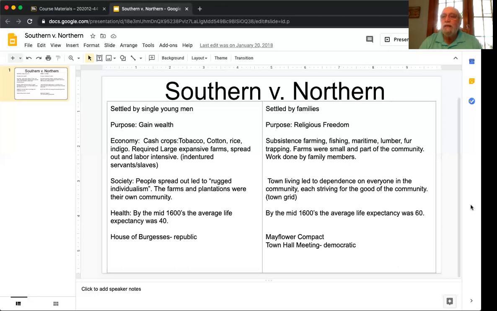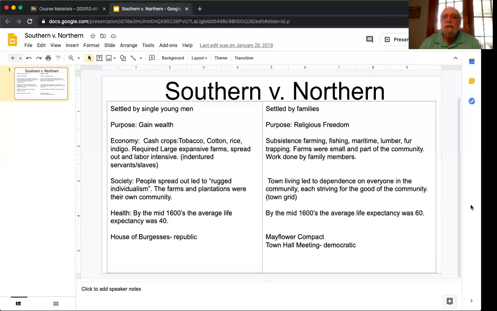The reason why they came is also very important, because the purpose of them being there was for religious freedom. Now, why is religious freedom so important in terms of stability? We hopefully understand that they come here. They say, look, we're a community, we're all together, we're all in this together.